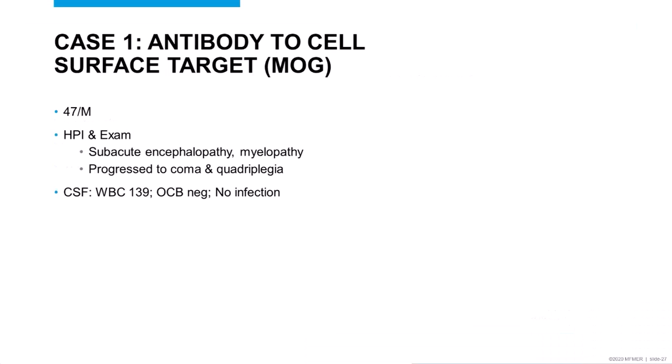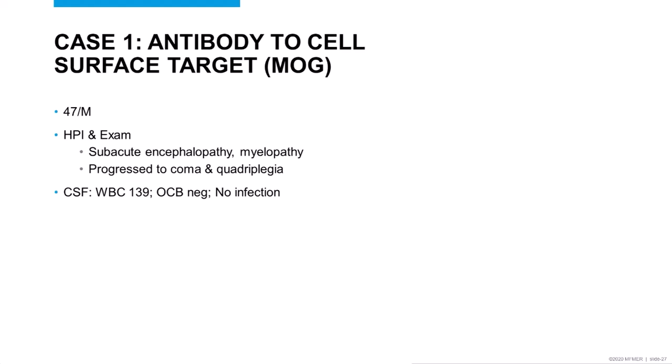So let's look at an example case. I've shared this case with some of you before, but it is an interesting, very severe case. This was a 47-year-old man who presented initially with subacute encephalopathy and myelopathy that progressed to coma and quadriplegia, and he was transferred to our neuro ICU from outside, mechanically ventilated.